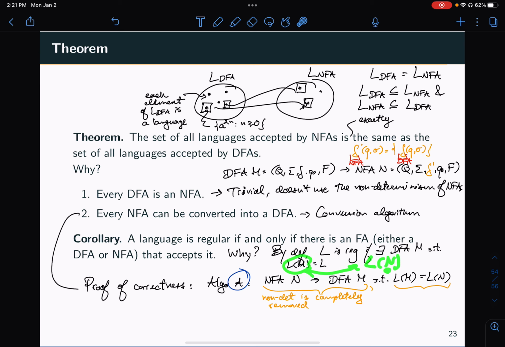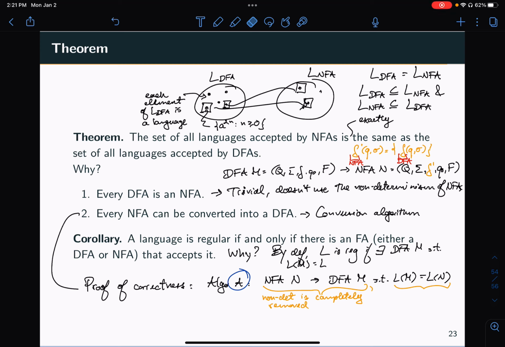If we can create an NFA that accepts the language L, then we can convert it to the equivalent DFA, and then we'll have a DFA that accepts L. But because NFAs are much more convenient to write, we can skip the conversion procedure and just say, because I have an NFA, and NFAs are exactly equivalent in power to DFAs, the language I've been asked to create an NFA for is regular.